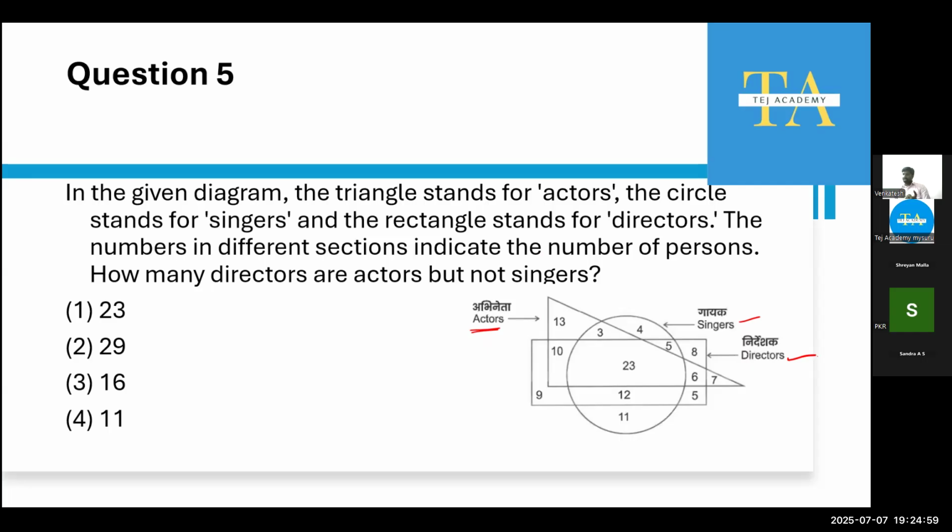So directors are represented by the rectangle and actors by the right-angle triangle. So you find how many directors and actors, not singers. Directors and actors, one number comes as 13.